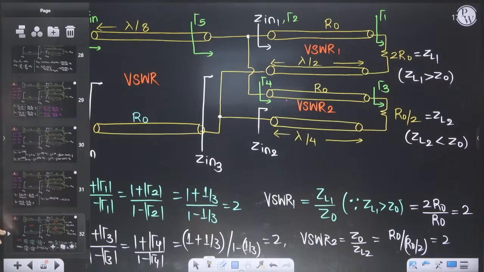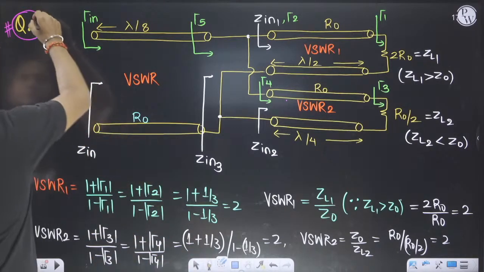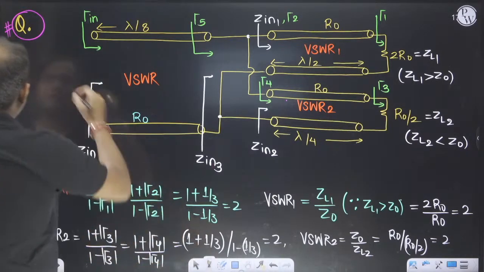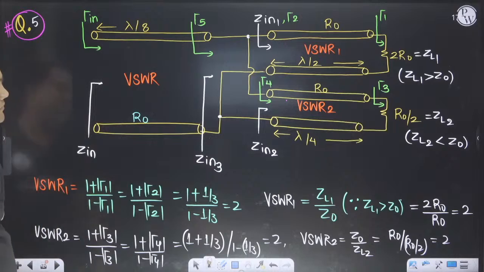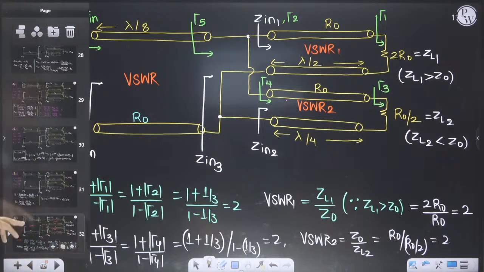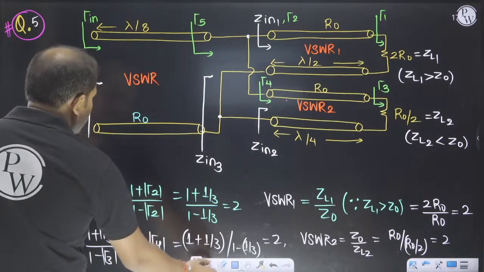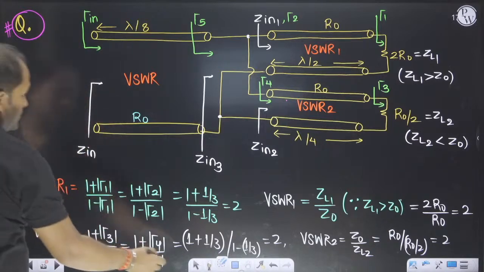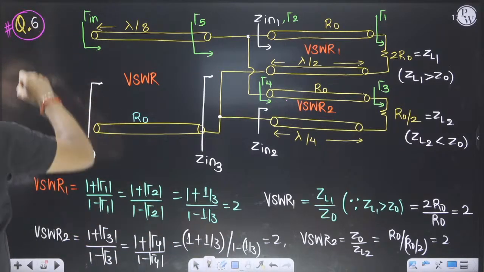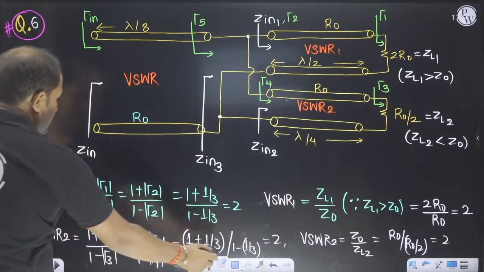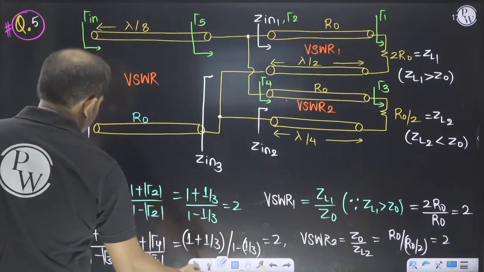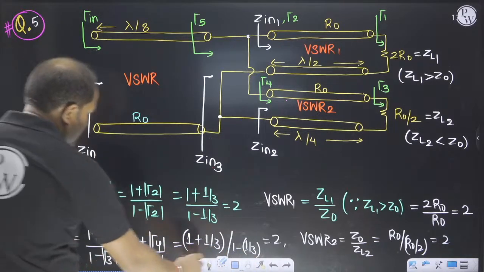This is question number 5. They are asking for VSWR. Sorry, question number 5 is only this.